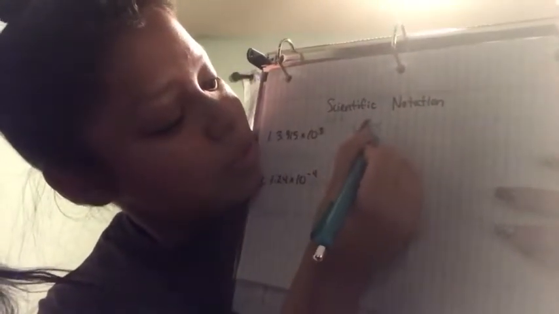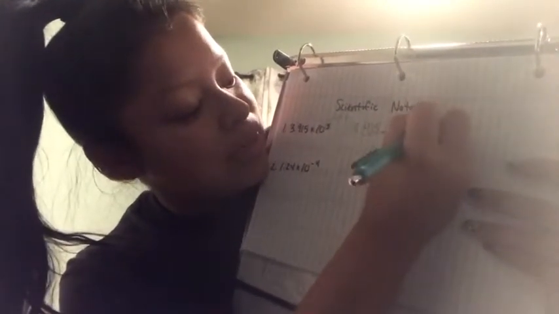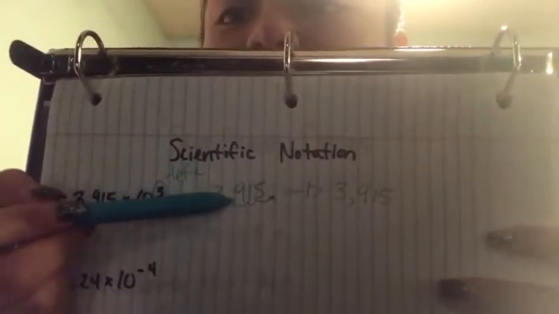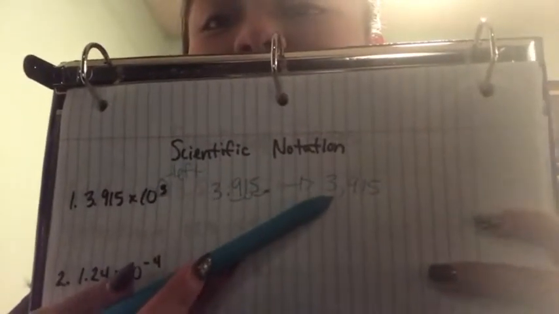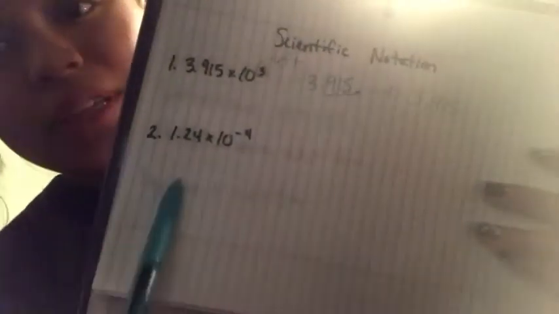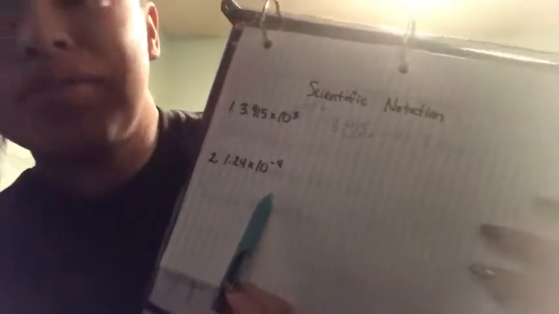So 1, 2, 3. So in the end, we will be ending up with 3,915. So we moved 1, 2, 3, and we ended up with 3,915 right there.